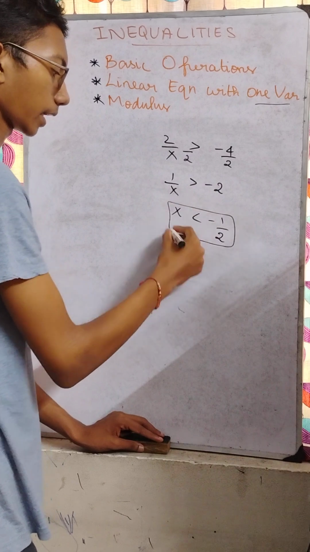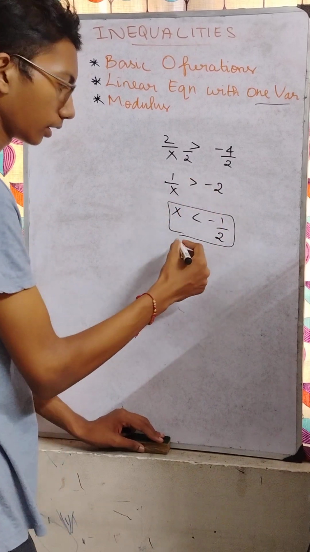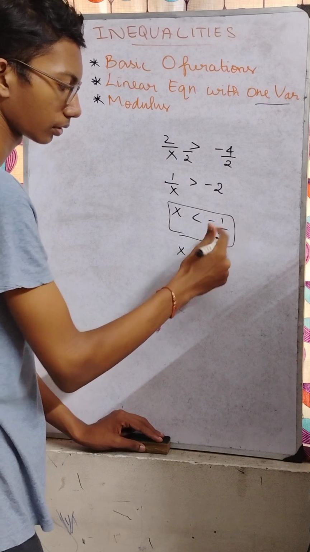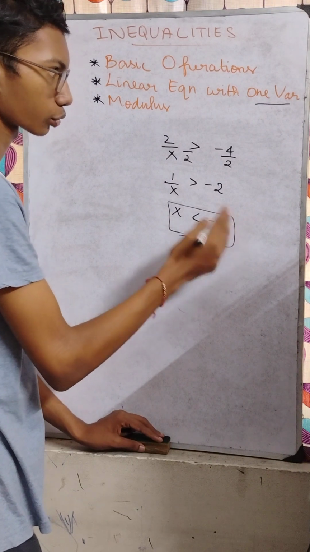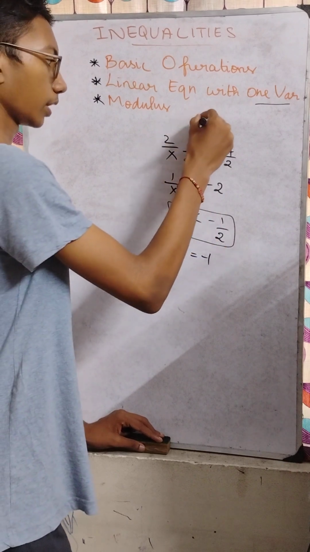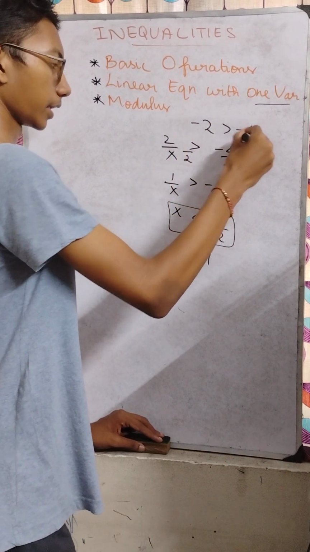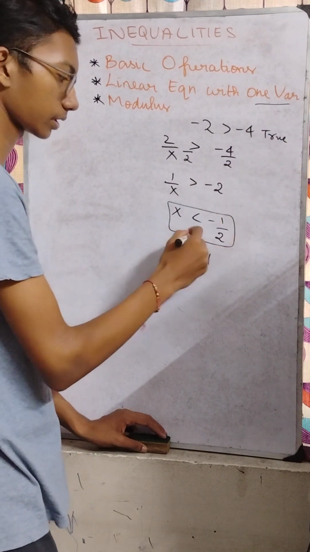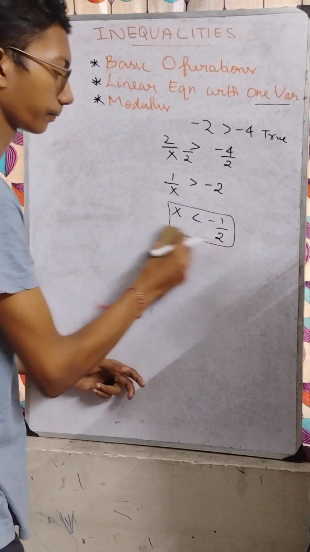Let's take x as minus 1. If we put x as minus 1, we have minus 2 is greater than minus 4, which is true, which means the answer is x less than minus half.